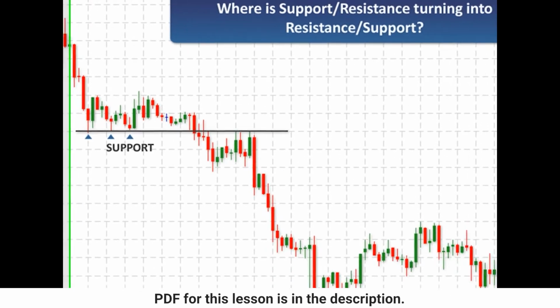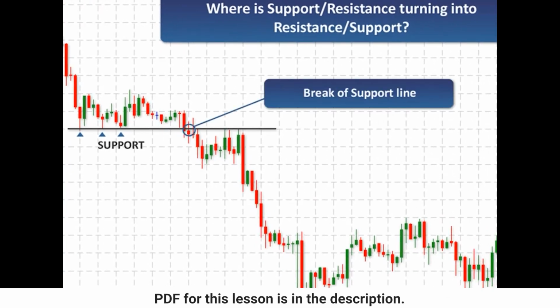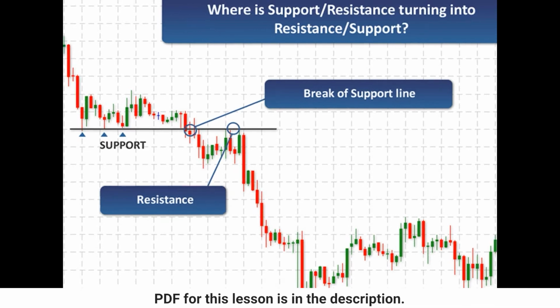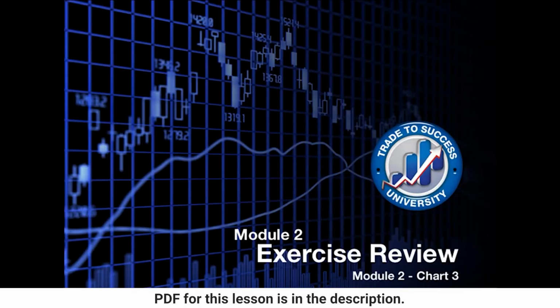So the support line is broken to the downside, and then price tries to come back up but cannot penetrate up through the line, and so the line acts as resistance. The support line has turned into resistance once price breaks through it.